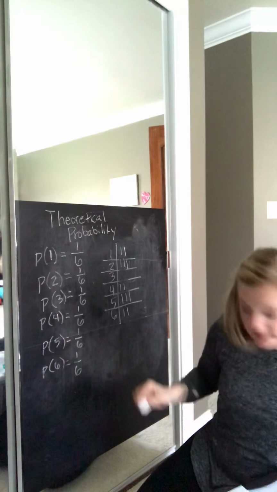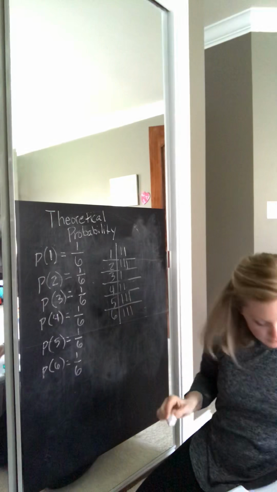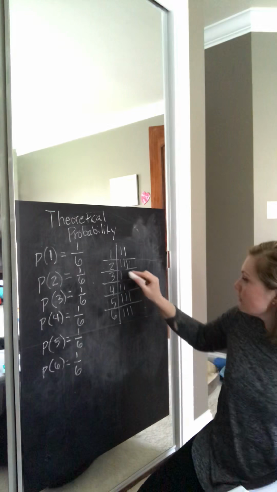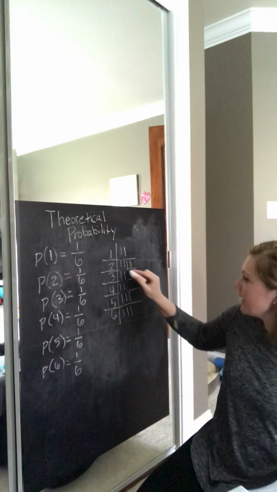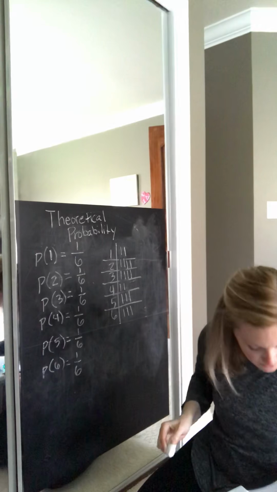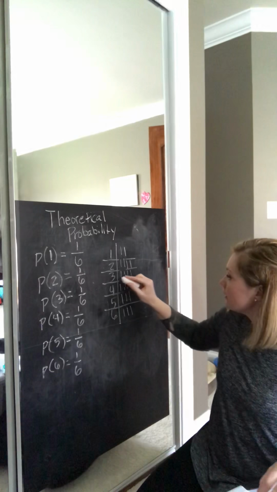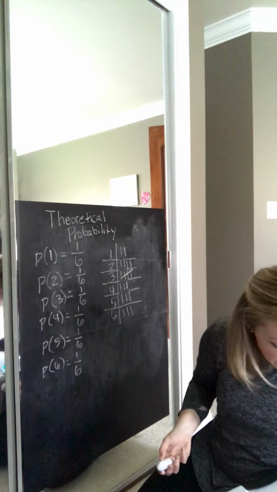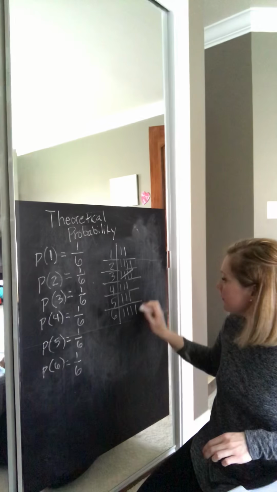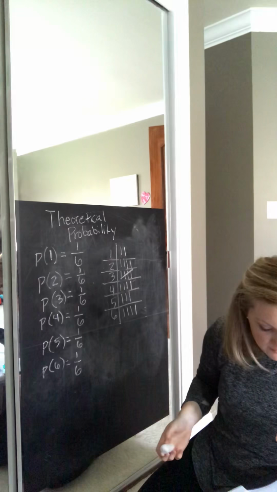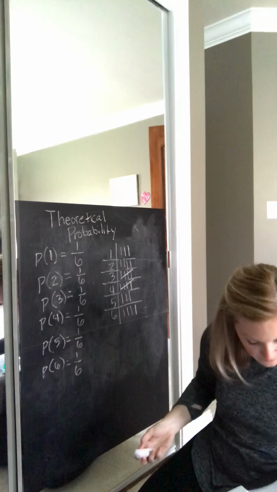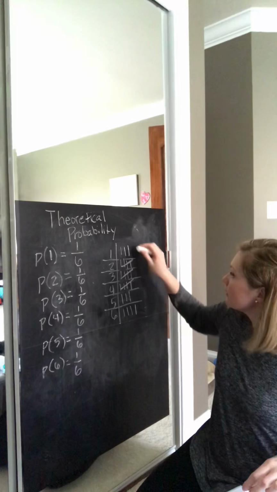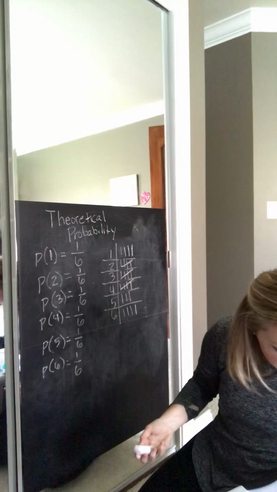A 3 and a 6, a 3 and a 2, a 3 and a 3, again, a 4 and a 3, a 6 and a 4, almost halfway, a 4 and a 1, a 2 and a 1, a 6 and a 4.